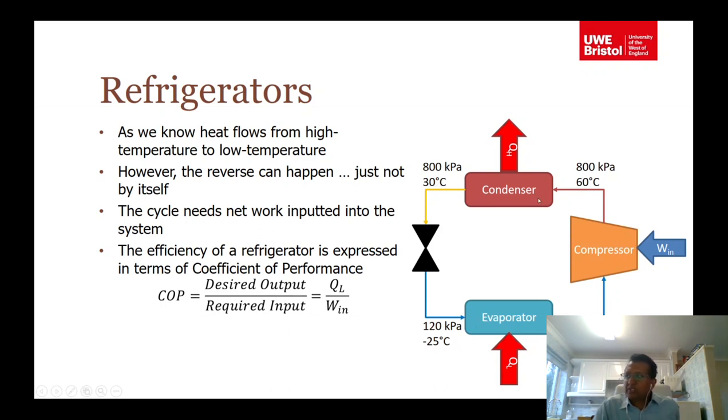So it works between the condenser pressure and the evaporator pressure. The working fluid is throttled from condenser pressure to the evaporator pressure, in which process it cools down as well.